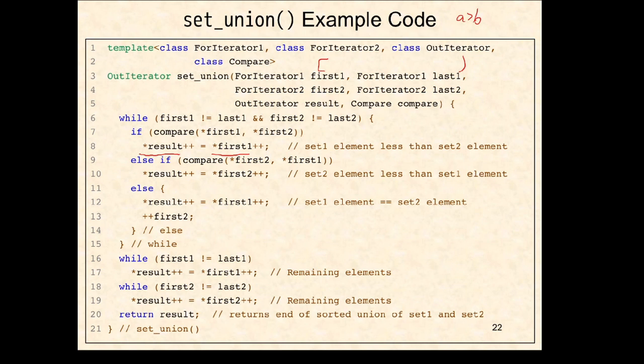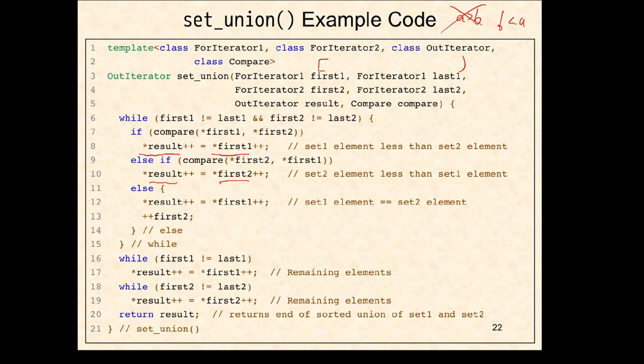But because we only have a less than comparator, instead we say, is B less than A? So we use compare. Compare only answers the question less than, so we reverse the operands. We say, is what's in set 2 less than what's in set 1? If that's true, we copy from set 2 to the output result, and then we move both iterators.